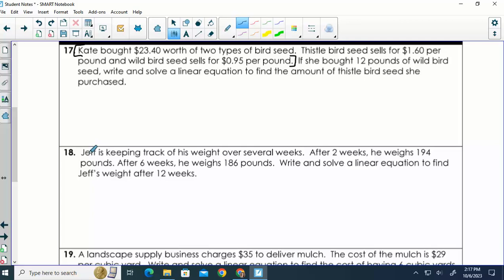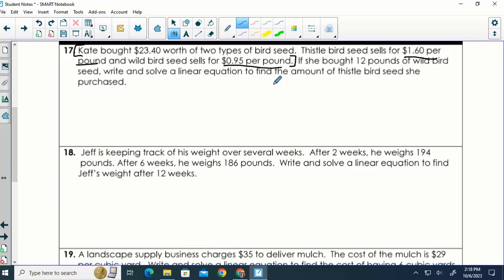Did I give you a slope anywhere in that? Did you see something per something? Where do we see the word per? Okay, so I have a $1.60 per pound, but then I also have a 95 cents per pound. Can we have 2 slopes in the problem?